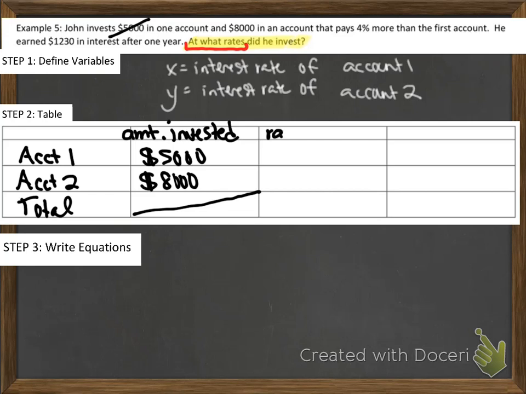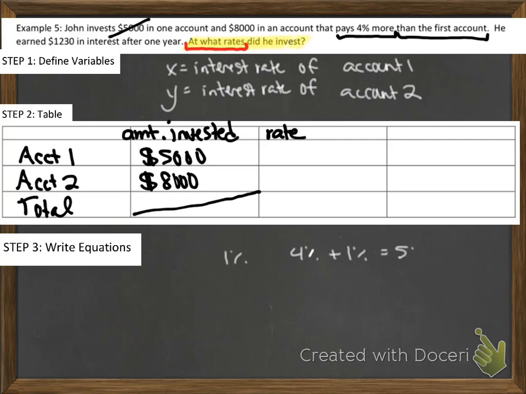Okay, then we have our interest rate. Well, what do we know about this? Well, we know that the interest rate of the second account is 4% more than the first account. How can I write 4% more? Well, let's just make some examples. So if my interest rate on the first account was 1%, well, what is 4% more than 1%?